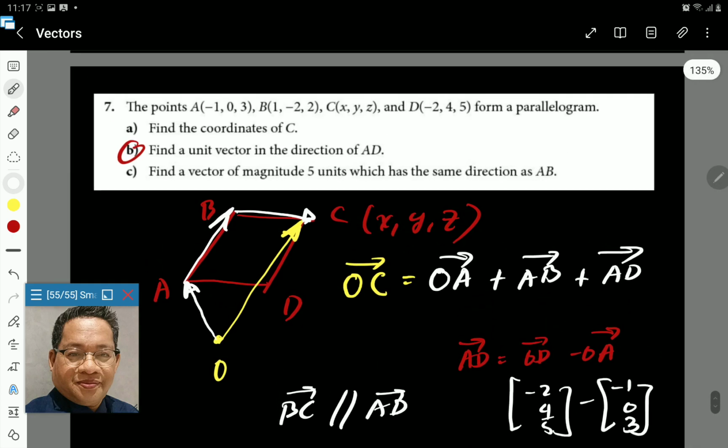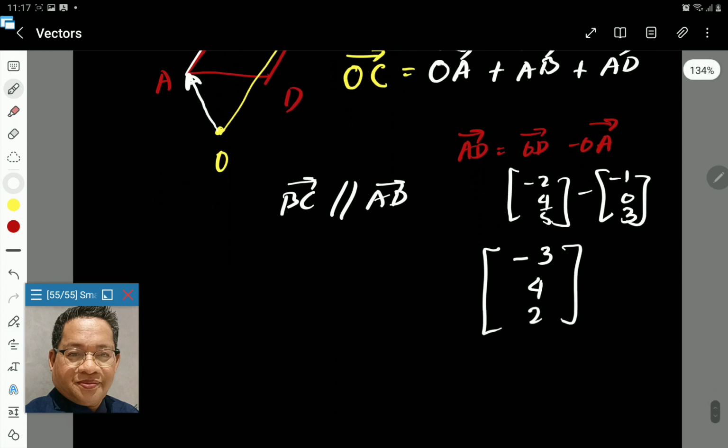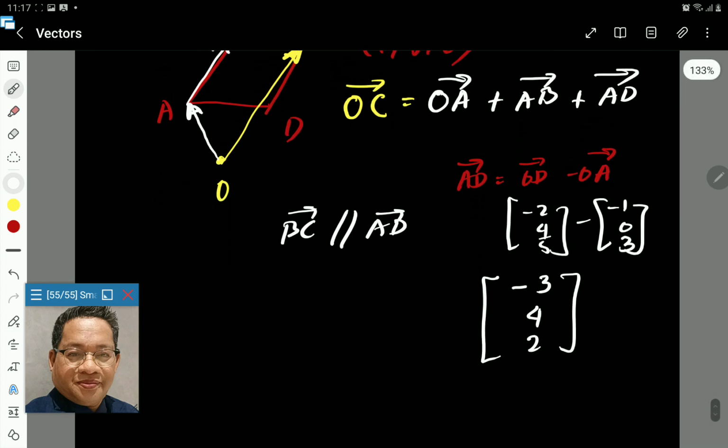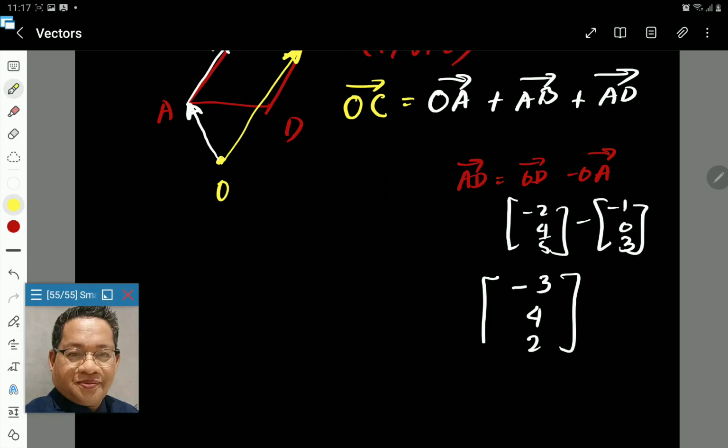So you're looking for a unit vector in the direction of AD. So again, step number 1 is to find the vector itself. You find the AD. Okay, step 1, find the AD.